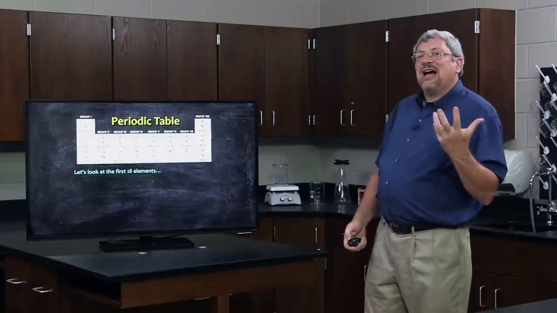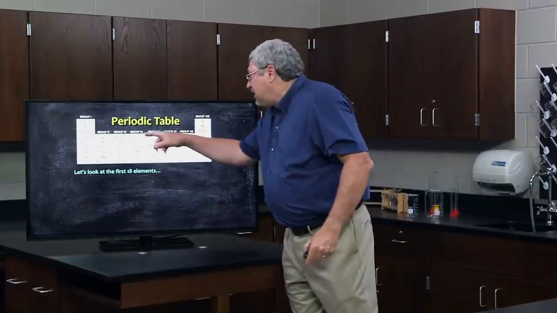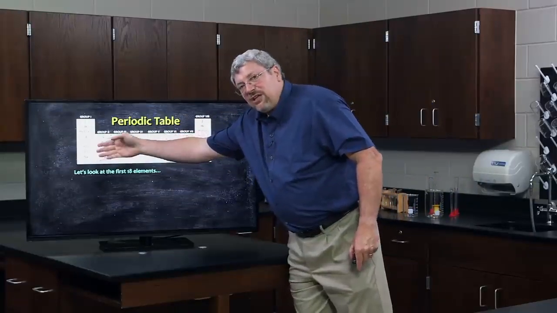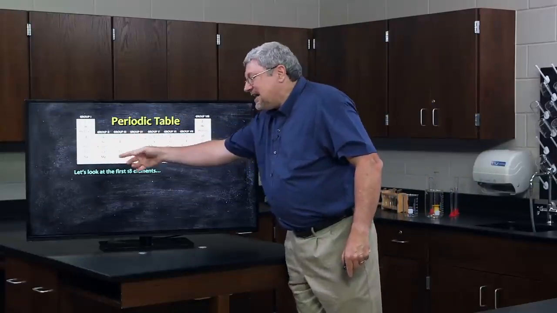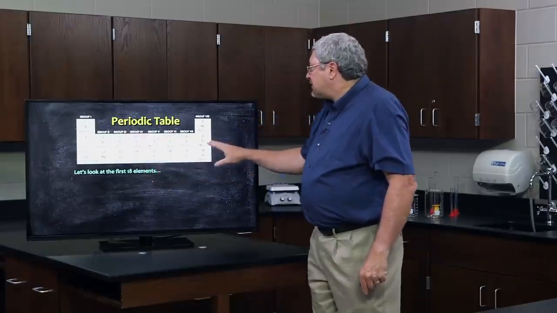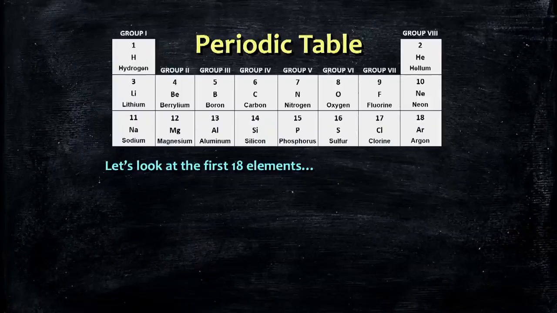If we examine the very top of what's called the periodic table, periodic because, again, every 8th element in a period repeats the characteristics of the element 8 sizes smaller than it is. If we just look at the first 18 at the top of the periodic table, and this number up here above the element is its atomic number, that is to say, the number of protons in the nucleus of the atom.